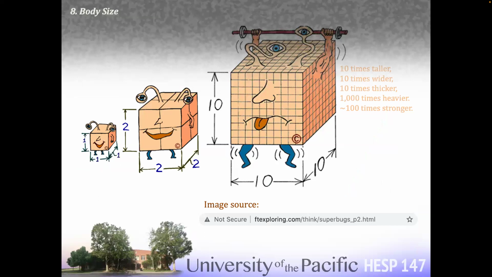At twice the height, you have squared your area, but you have cubed your mass. And so if you take those dimensions and scale it up from there, take a flea and make it 10 times the height. And then also it would be 10 times the width and 10 times the thickness, because it would no longer be a flea if it didn't scale in each of those dimensions evenly.